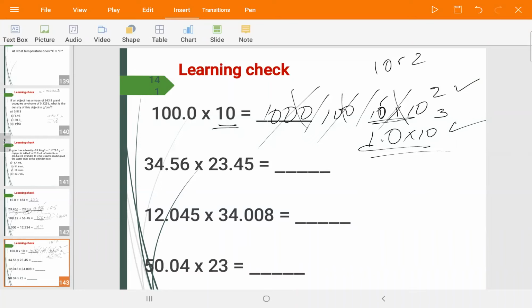Two, right? So the correct answer is 1.0 times 10 to the power of 3.